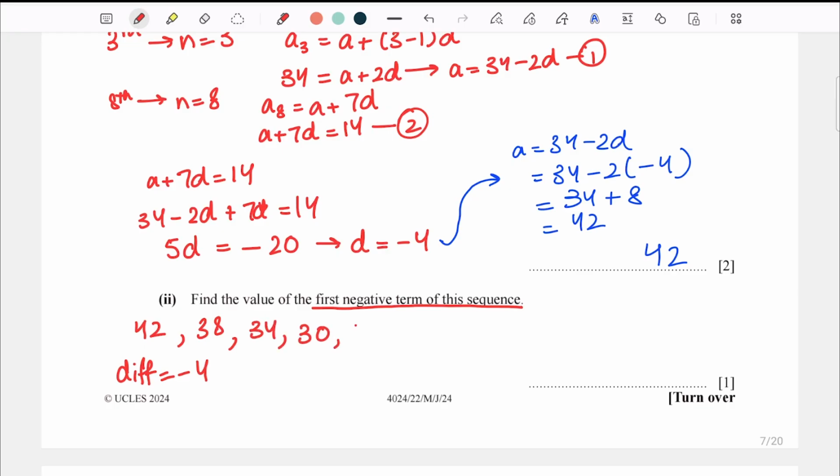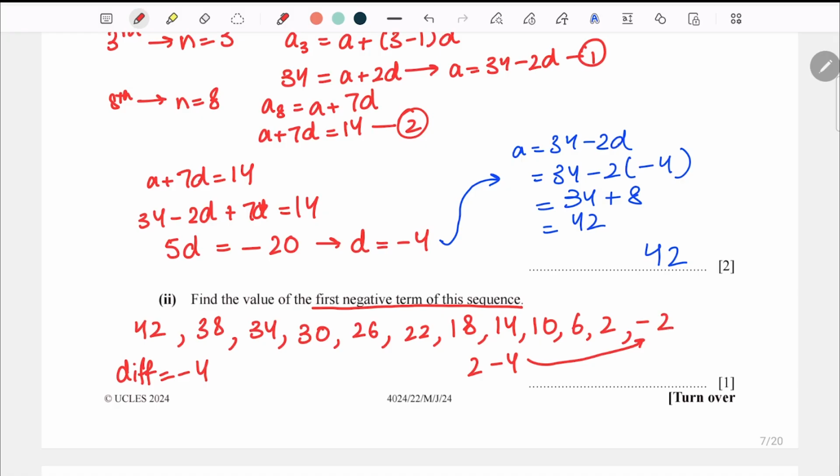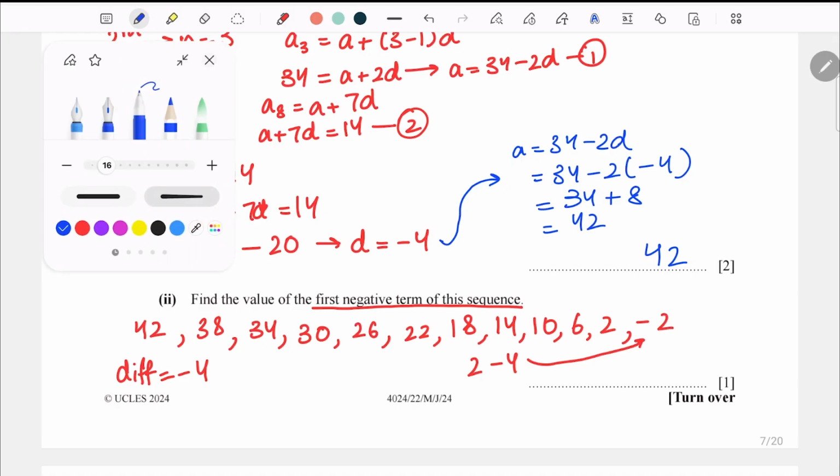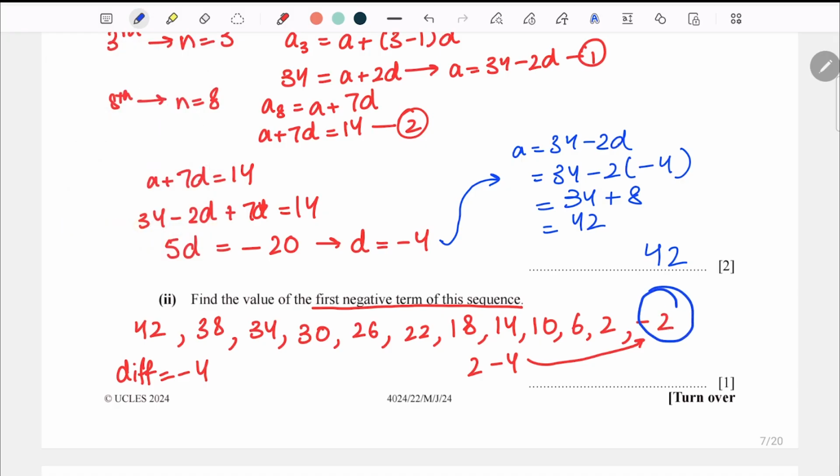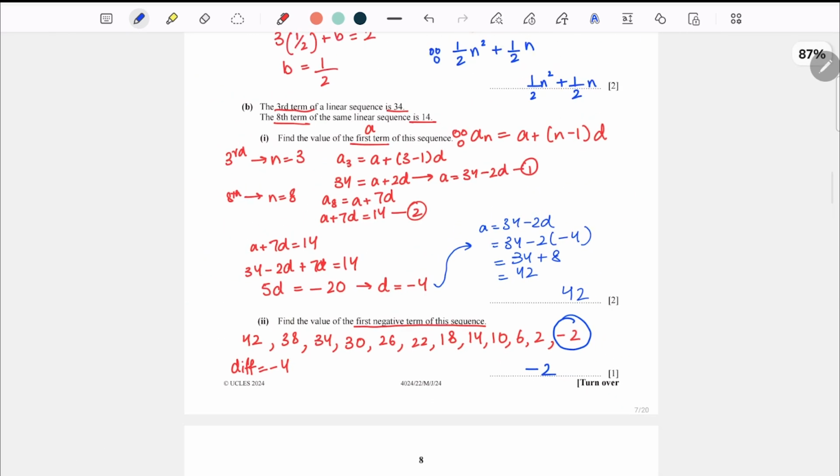Then 30, 26, 22, 18, 14, 10, 6, 2, and then 2 minus 4. 2 minus 4 will basically be equal to minus 2. Minus 2 is our first negative term of the sequence. So our final answer will be minus 2.